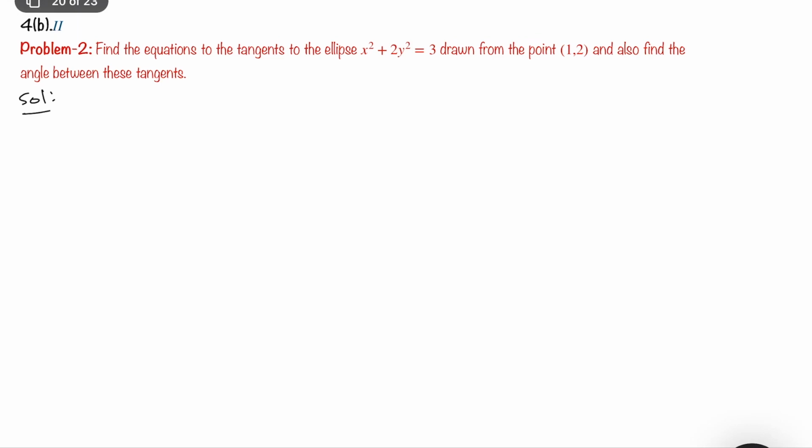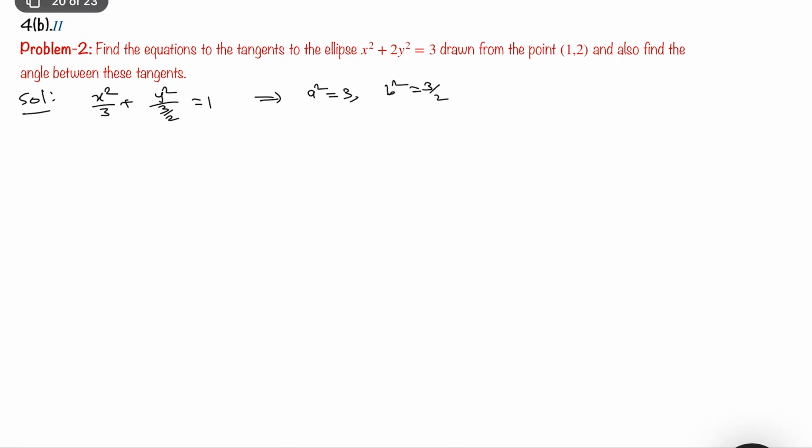First of all, let me write down the given ellipse equation in standard form. x square by 3 plus y square by 3 by 2 equal to 1. Here a square equal to 3, b square equal to 3 by 2.